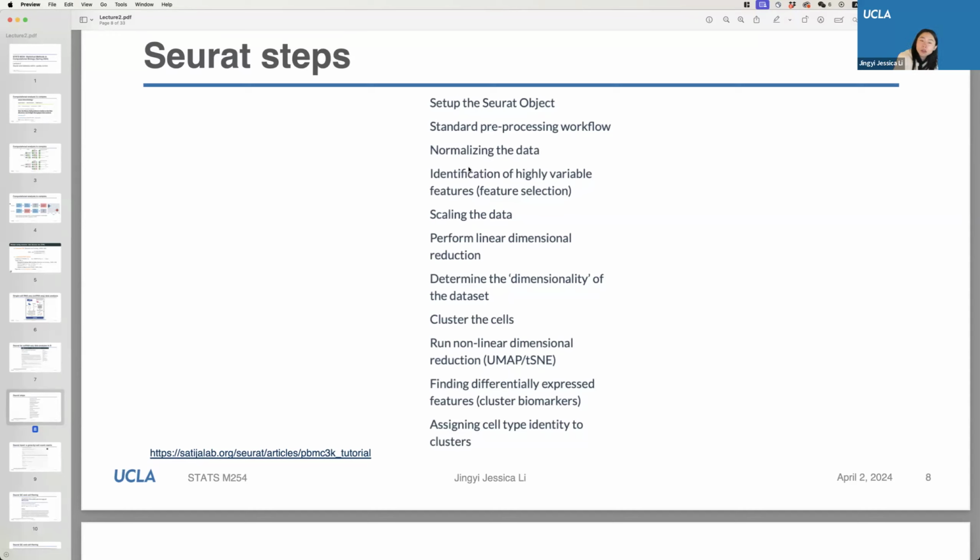Because for single cell data normalization, there are specific considerations for this data type. And then we will talk about dimension reduction, which is also unsupervised. If you have any suggestions, you can let me know: how can we integrate the single cell data analysis steps and the statistical materials we want to cover in a seamless way?